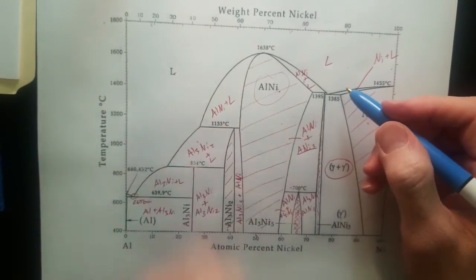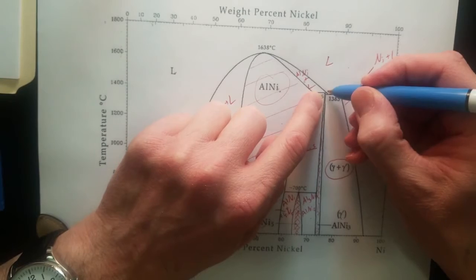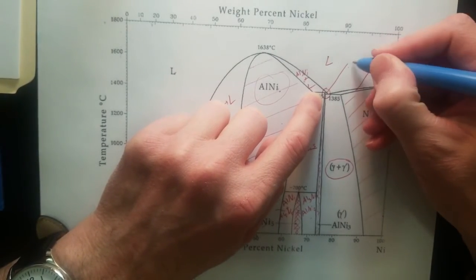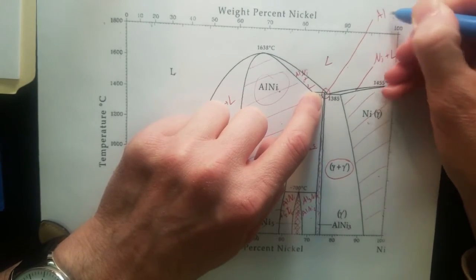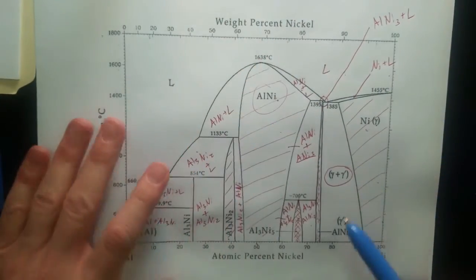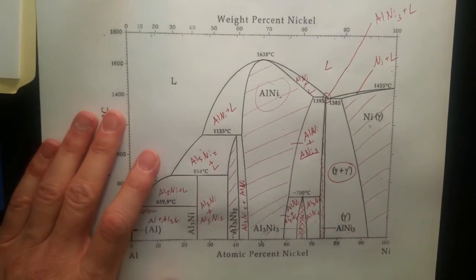That is a eutectic, and where this AlNi3 comes up, that little spot must be AlNi3 plus liquid, because it touches AlNi3 and it touches liquid.